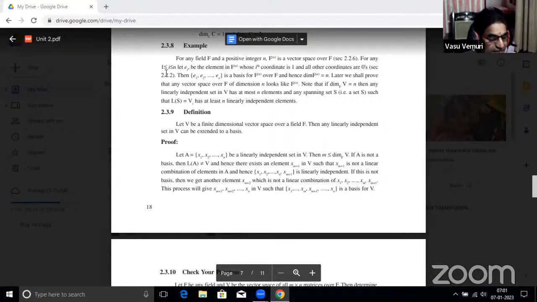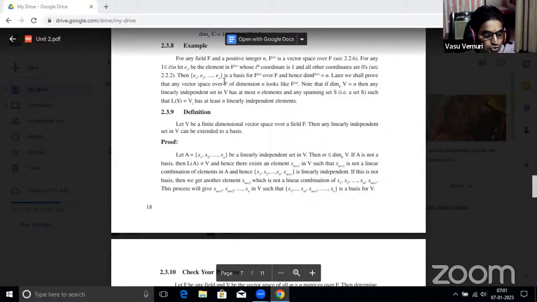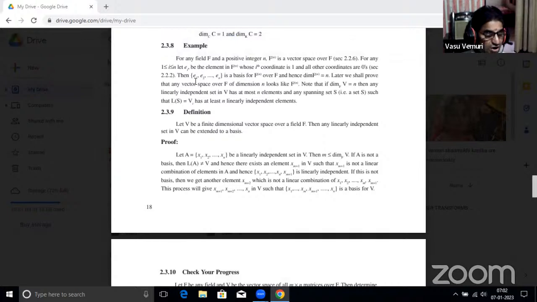For any i between 1 and n, the elements e_i are the standard basis, also called the usual or regular basis: the set {e1, e2, ..., en}. Here e1 has first element 1 and the remaining elements all zeros, that is e1 = (1, 0, 0, ..., 0).